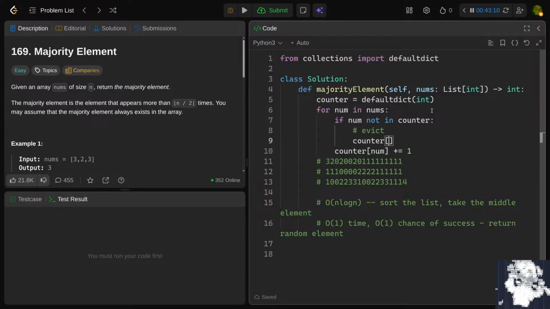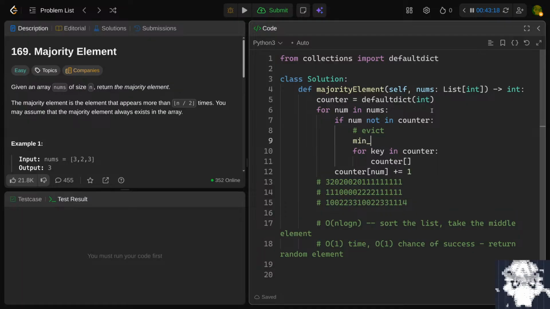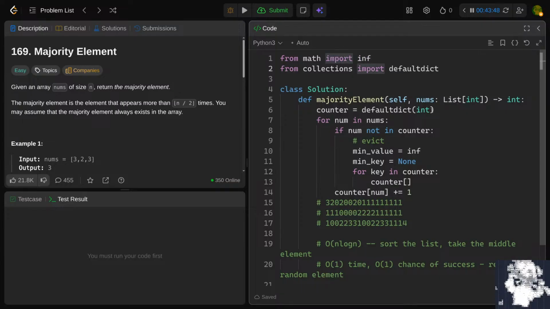You would say counter, for key in counter, min key equals none. Min value equals negative infinity, or just negative 1, because you can't count to less than 1. Actually, it could just be 0. Or actually, I want this to be the largest number so far, so this has to be infinity.